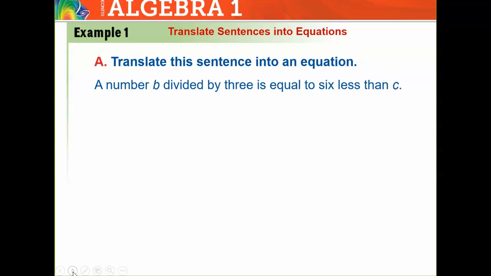All right, so example A. Translate this sentence into an equation.